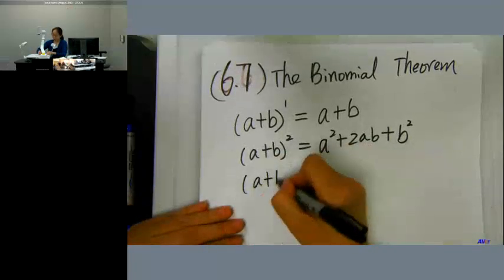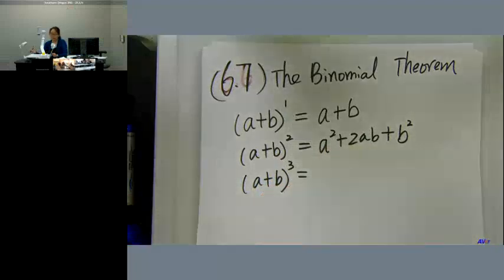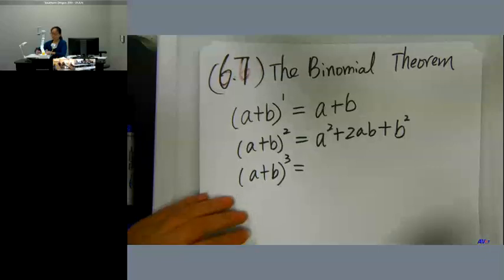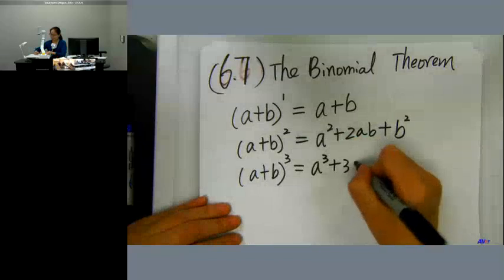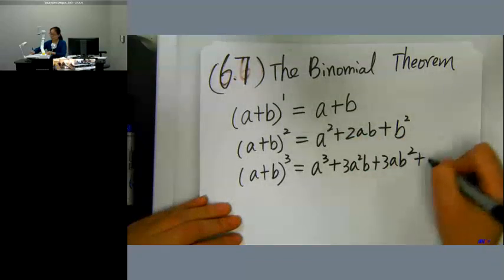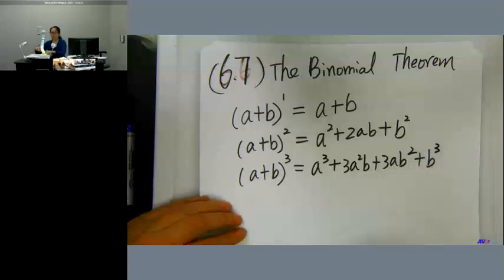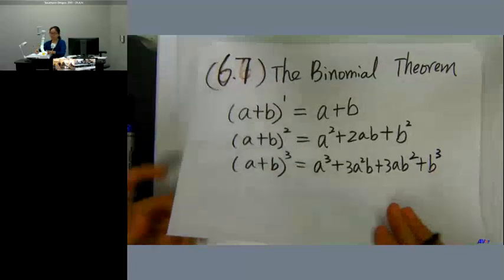But what would be the answer for a plus b cubed? Has anybody memorized the formula? A cubed plus 3a squared b plus 3ab squared plus b cubed. Well, if you have not memorized the formula, what do we have to do?